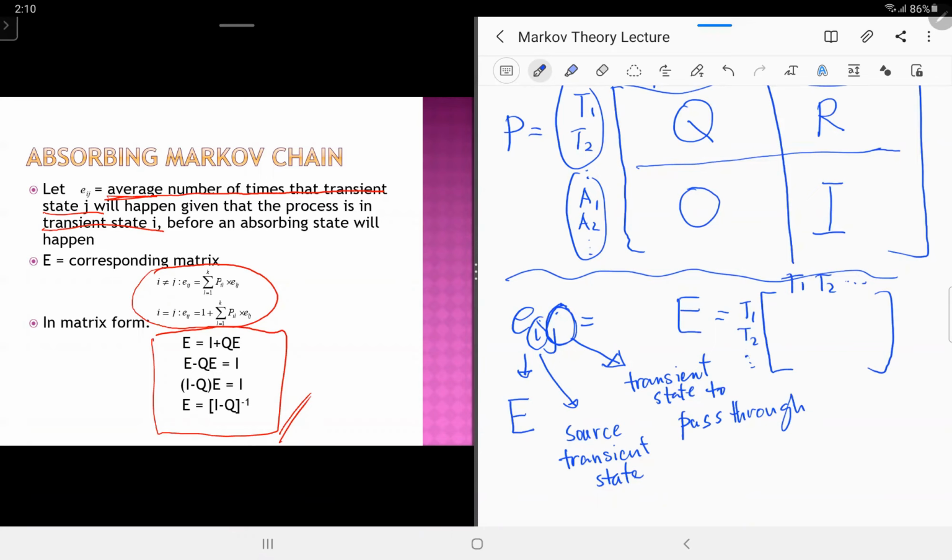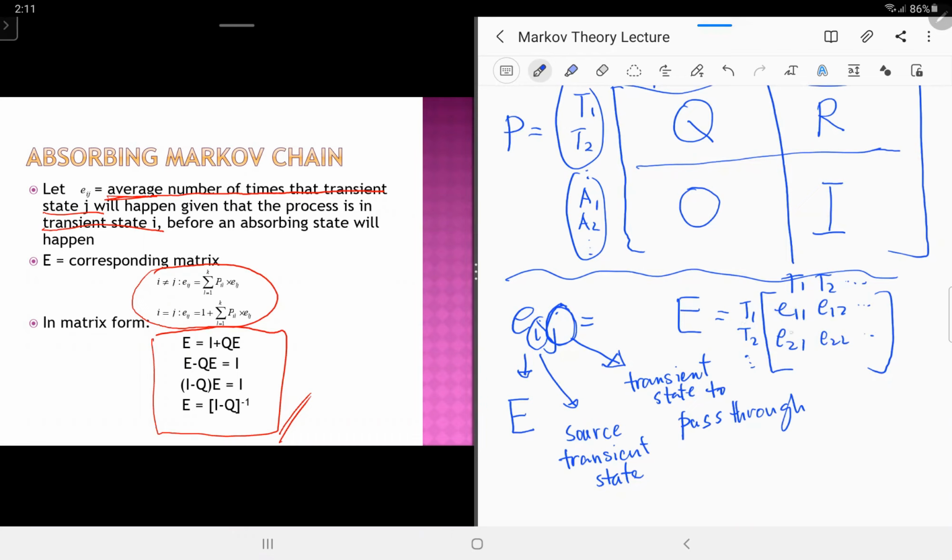So we just want to know how many times you would have to pass through a transient state before you get absorbed. So the elements here would be E11, E12, and so on. And this will be E21, E22, and so on. Matrix E will have the small e's from one transient state to another transient state.